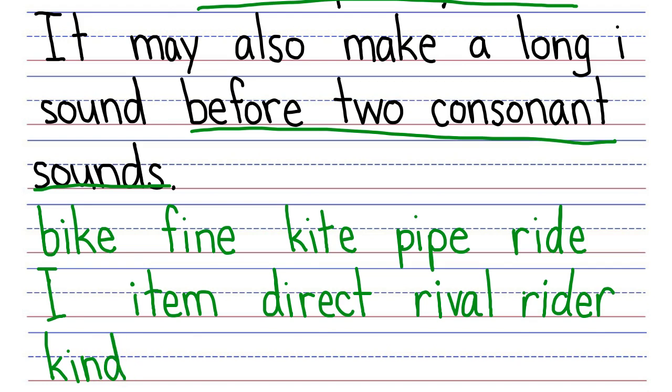Now you would think that this would be a short I because the D is a consonant letter. However, we have two consonant letters in a row, and sometimes when that happens, not always, just sometimes, when an I is followed by two consonant letters, it can make a long I sound. And this is one of those cases. So we have K, I, N, D, kind.